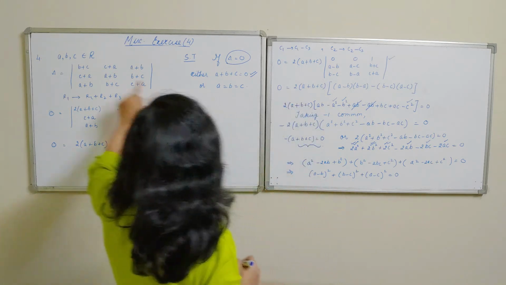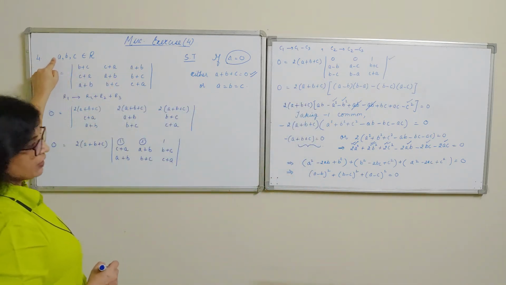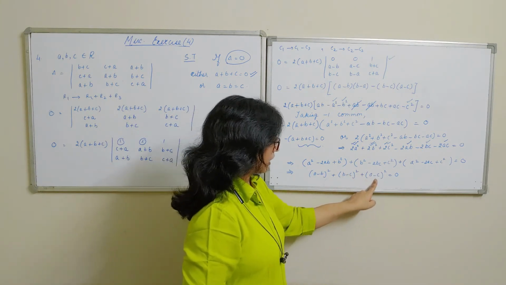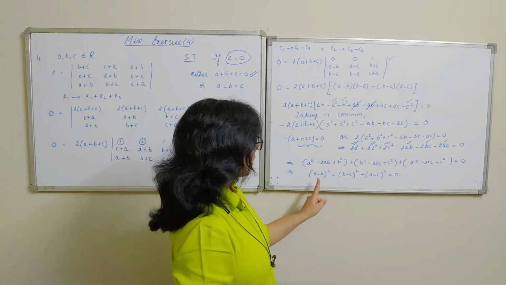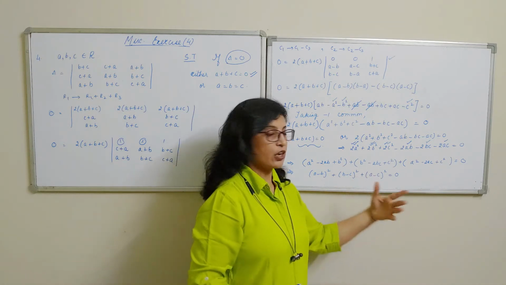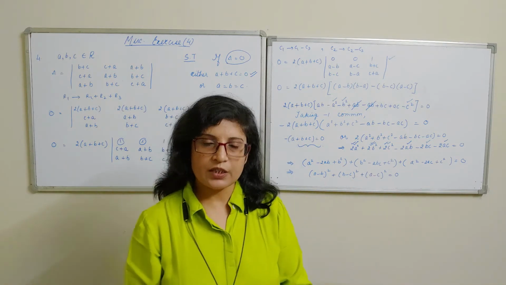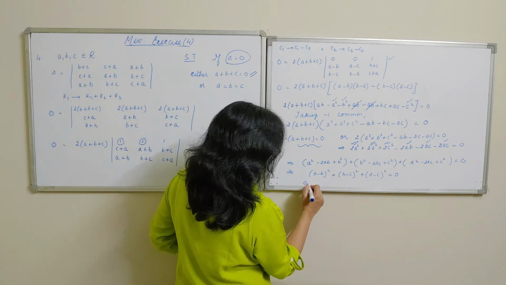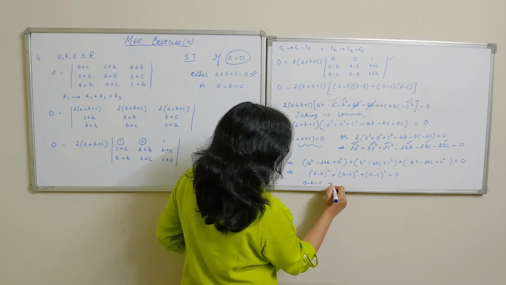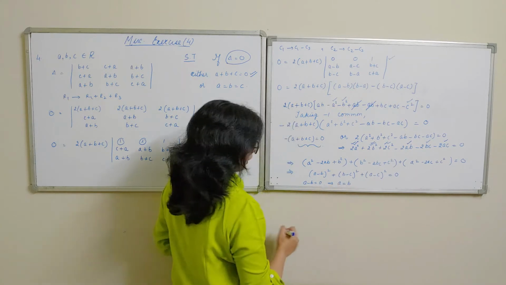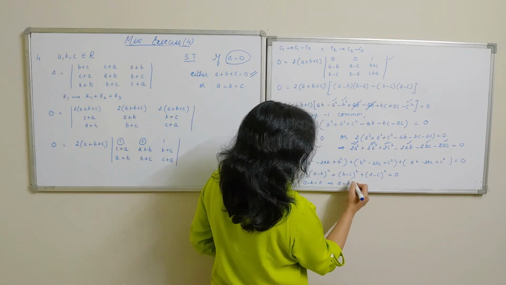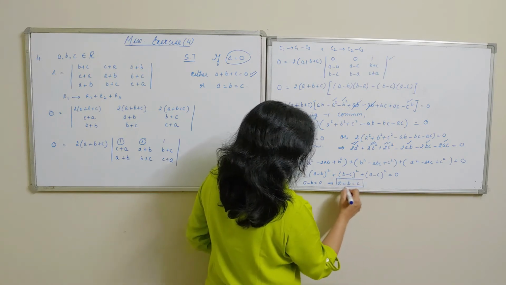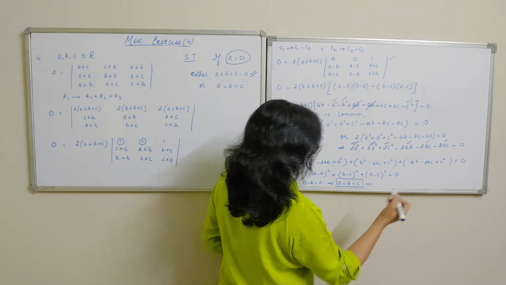What are ABC? It was given initially to us that ABC are real numbers. And we know that whenever we add squares of real numbers, we get positive numbers. So sum of three positive numbers cannot be 0. It can be 0 only when each of these square terms is equal to 0, which means A is equal to B. Likewise, from this you get B is equal to C, from here A is equal to C. So this way I have written this result kind of directly.